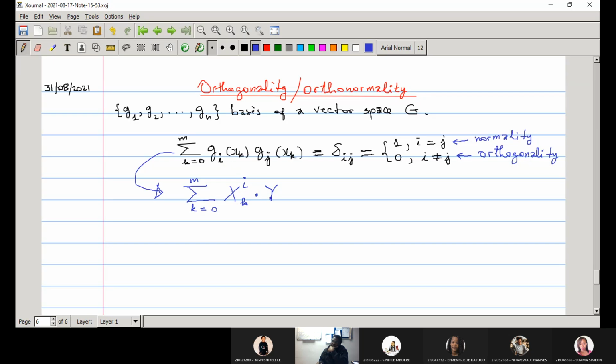I can give a different name, it doesn't matter. So you see that here we have the components. So I can call xi, because these are the components of xi, so xi is xi1 up to xim. Similarly for the other one.